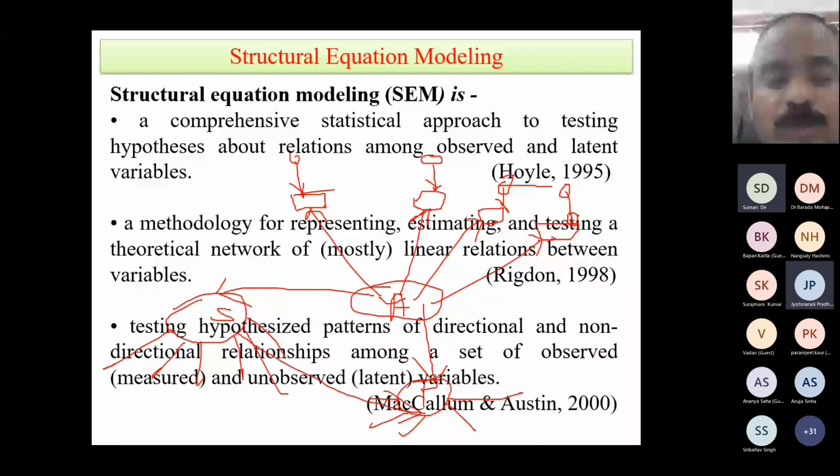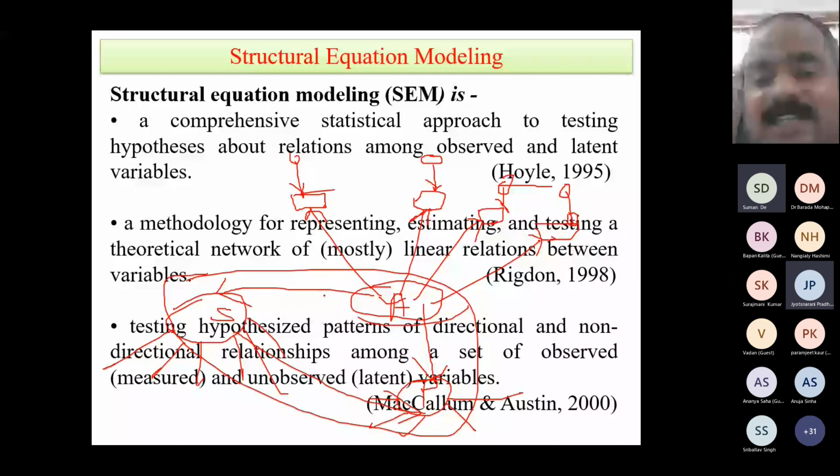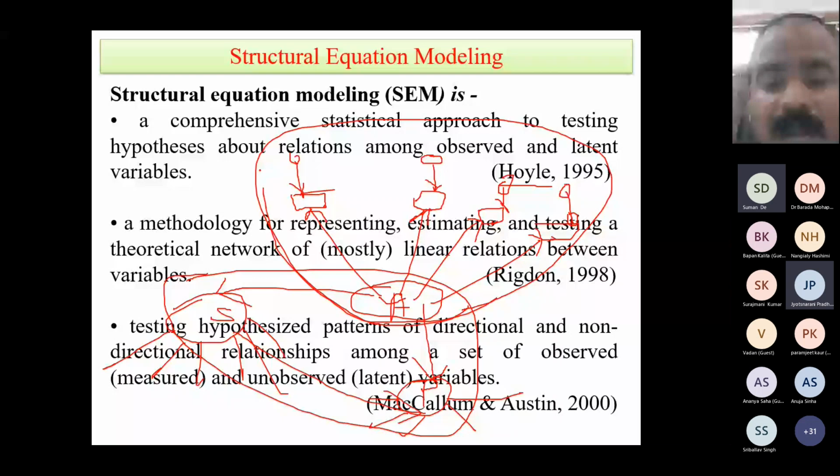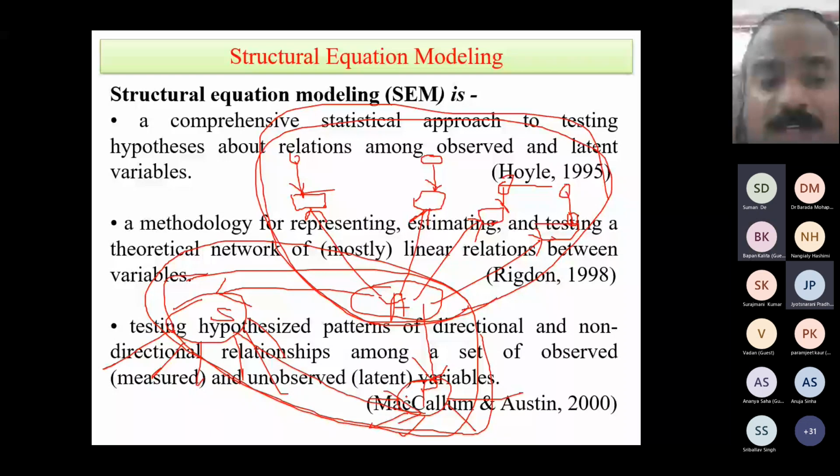So this is the structural model, and this is your measurement model. From the very first class I have been saying this is your measurement model and this is your structural model. In my example, attitude, one construct or latent variable, leads to satisfaction, another latent variable. Satisfaction leads to performance, another latent variable. And this is your structural model.